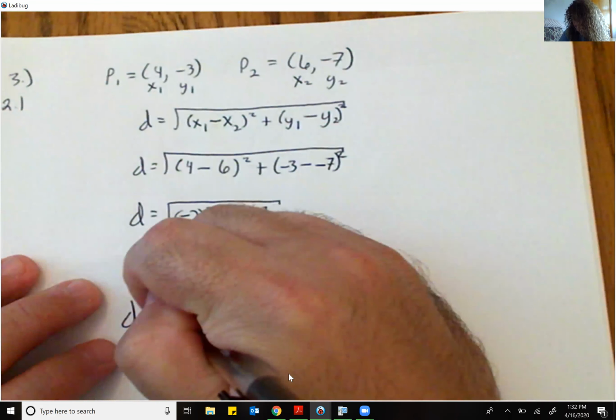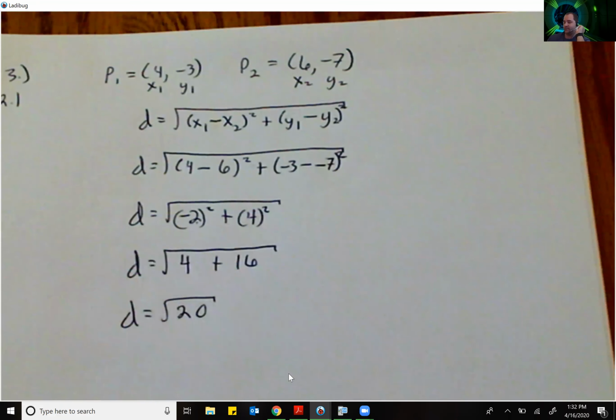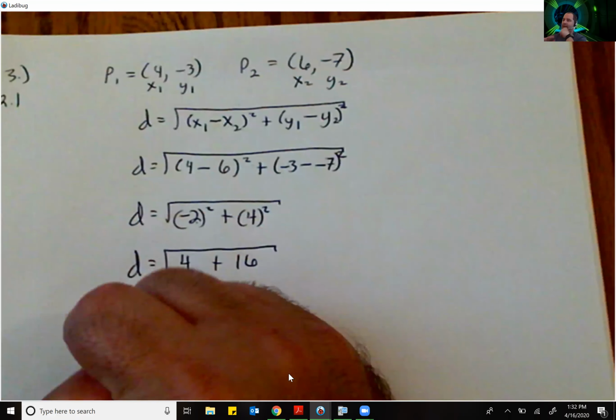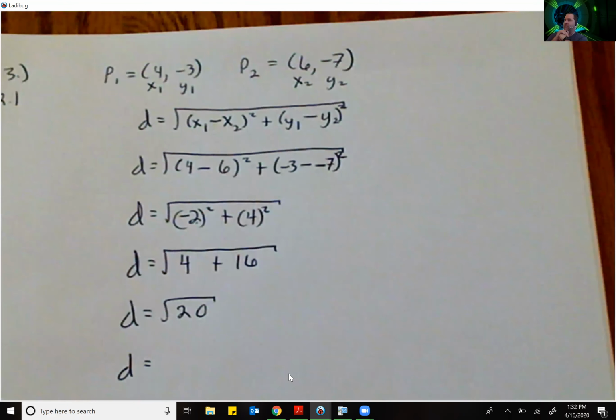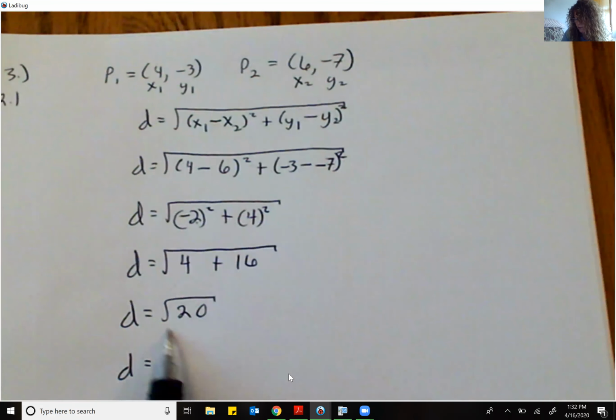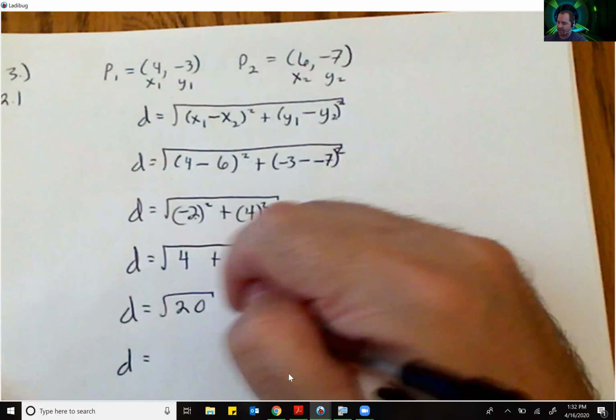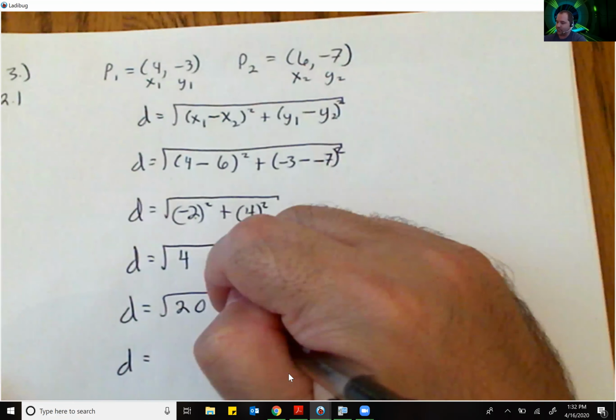20. But you're not done. Because as we learned from intermediate algebra or any algebra 1, algebra 2 course you had before this in high school, we need to reduce this. So you break it down into its radicals.